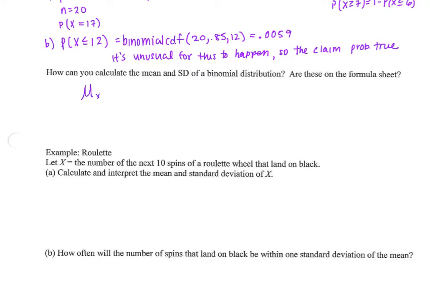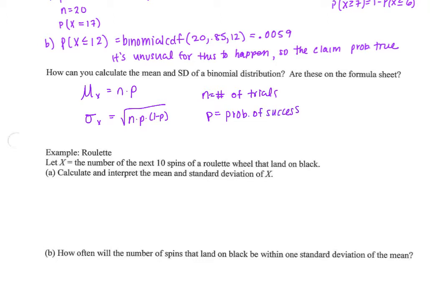So the mean of a binomial distribution is n times p, and the standard deviation of a binomial distribution is the square root of n times p times 1 minus p, where n is the number of trials and p is the probability of success.